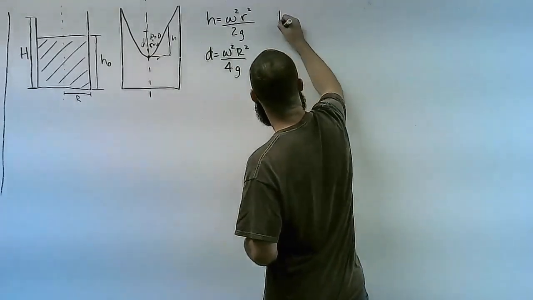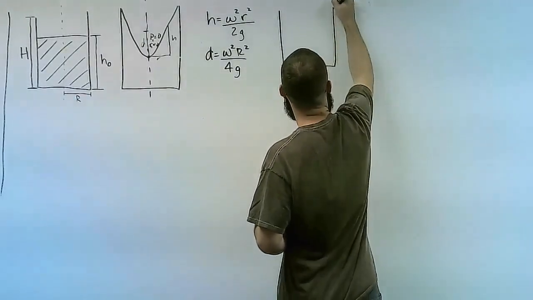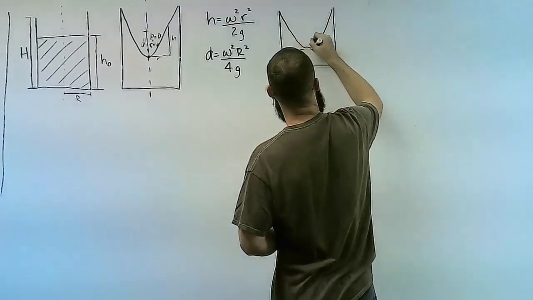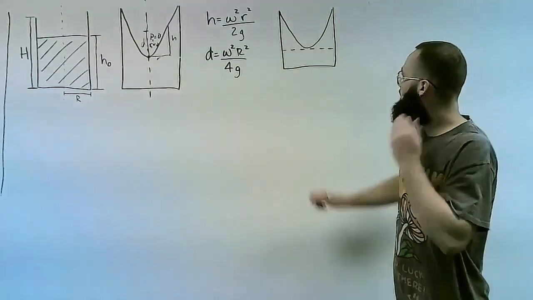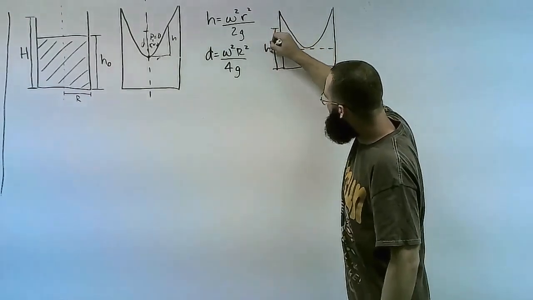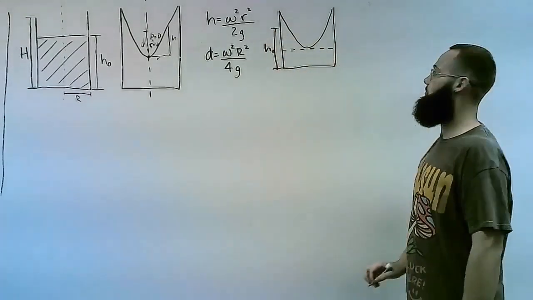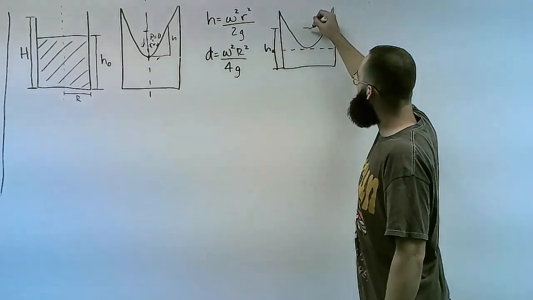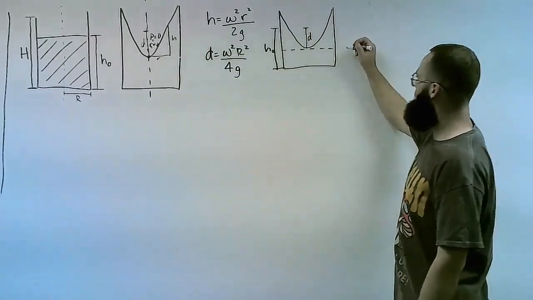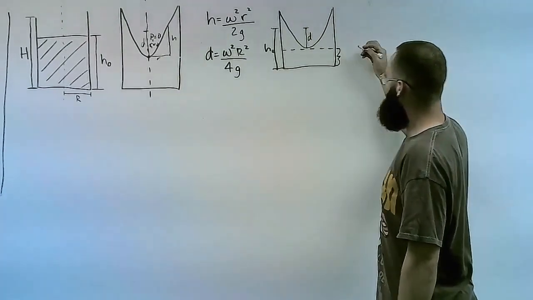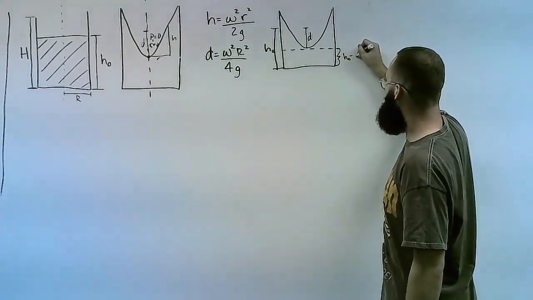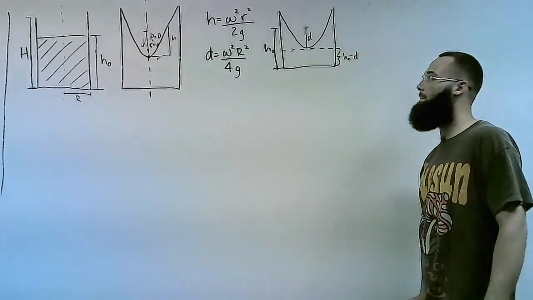First, I'm going to draw yet another cylinder. And we'll say this is h naught, which was the initial height of the fluid before rotation, which means this distance here is d. From this picture, we can tell that this distance here will be h naught minus d.